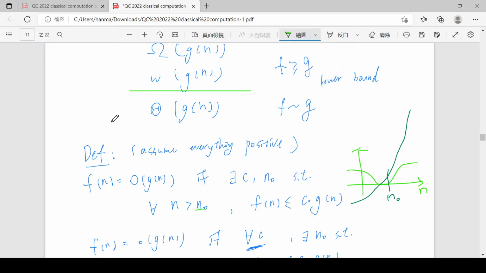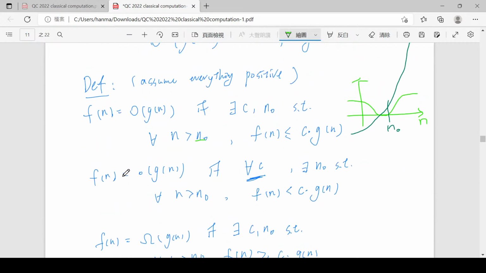Okay. And so that's big O, and there is also small O. And the difference is that instead of there exists one c where f of n is less than or equal to g, now we want for all c, for all possible constants, f of n is less than c times g of n.